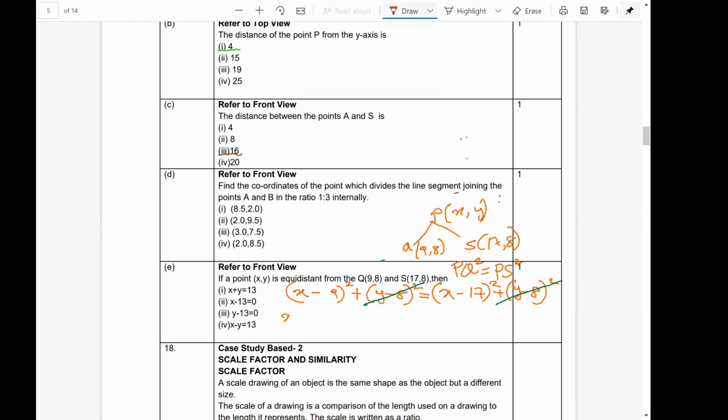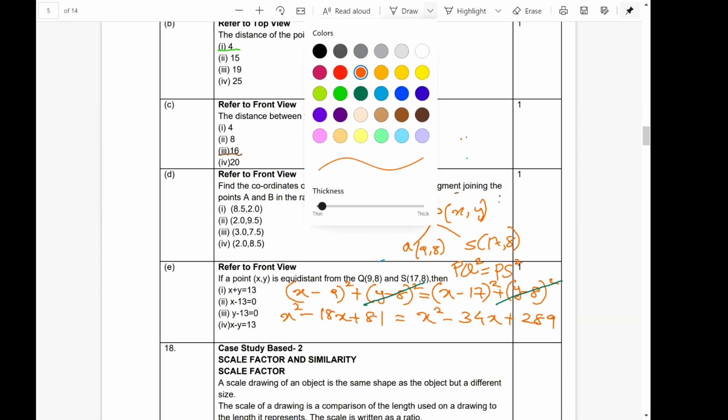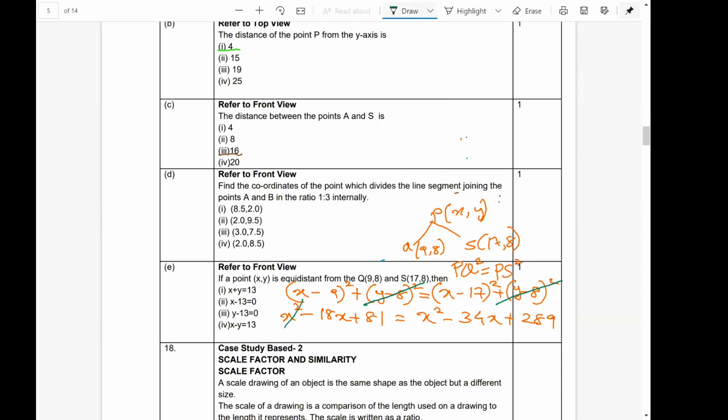So this is x square minus 18x plus 81 is equal to x square minus 34x plus 289. We'll cancel out this x square, and then we get 16x minus 208 equals 0. When we divide by 16, we get x minus 13 is equal to 0. That is option 2 is the right answer for this question. X minus 13 is equal to 0.